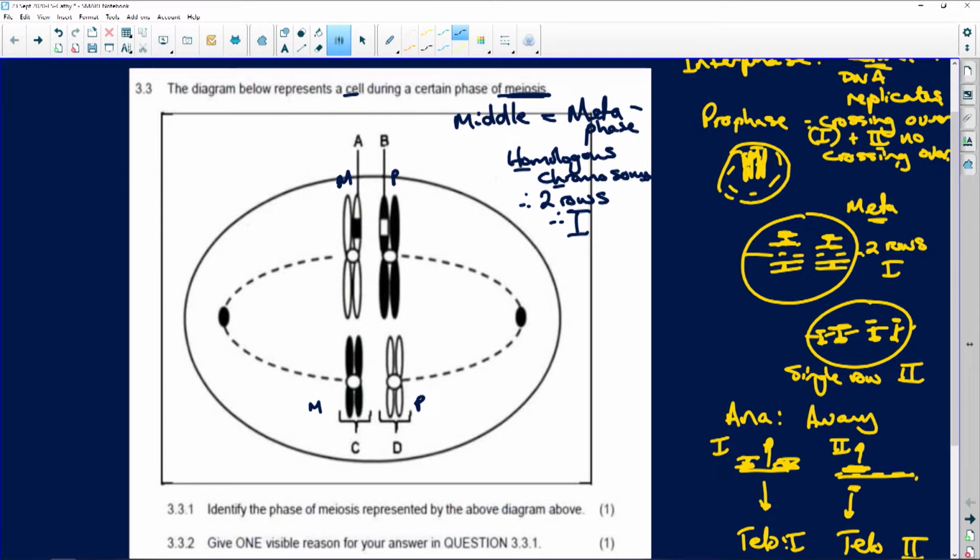Okay, so it says, well, first let's label. So A and B, well, A and B are both chromatids, that they are non-daughter chromatids.